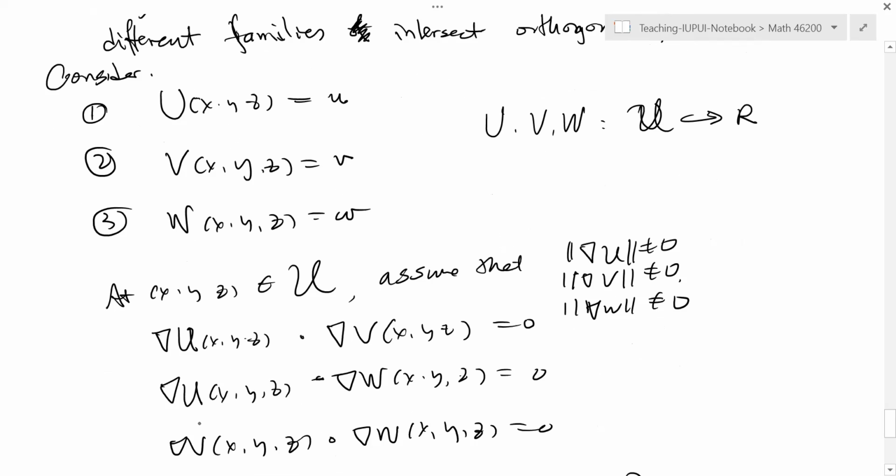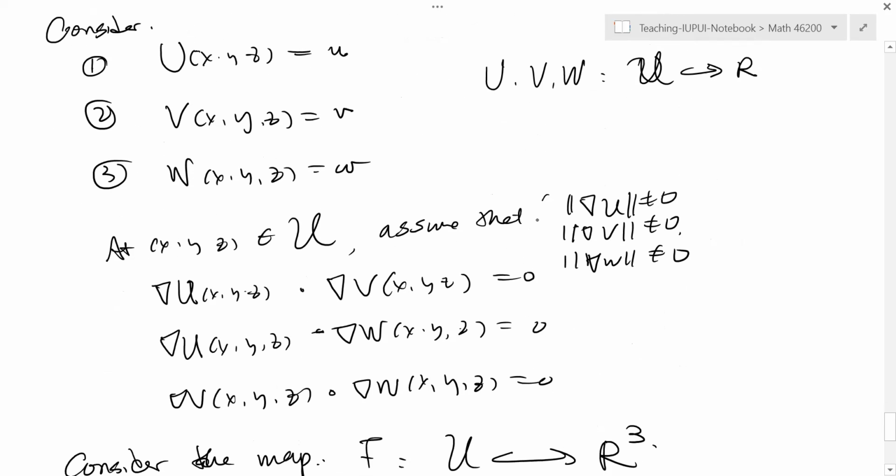So we assume that. With these properties, the norm of the gradient of u is guaranteed not to be zero.